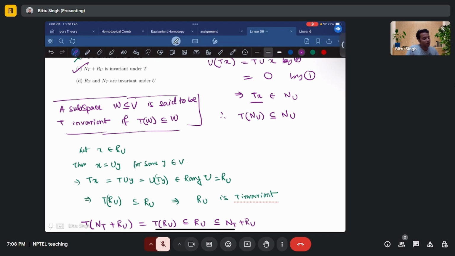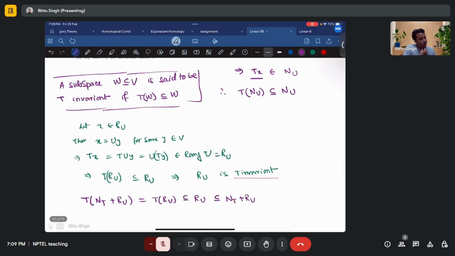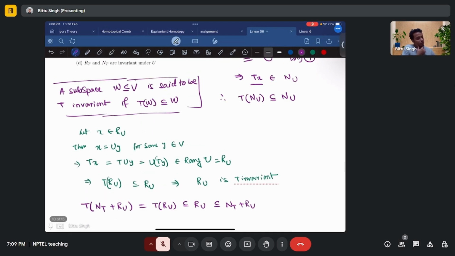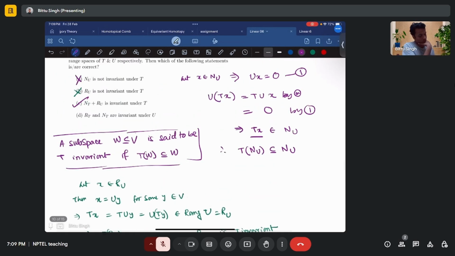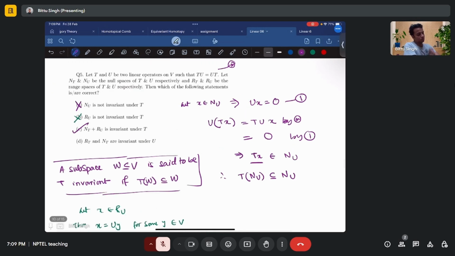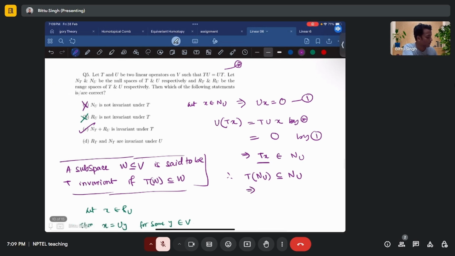Now Rt and Nt are U invariant. Is it true or not? Rt plus Nt. So Nu is T invariant. By the same method, just change the role of U and T. From here we have already seen that Nu is T invariant.